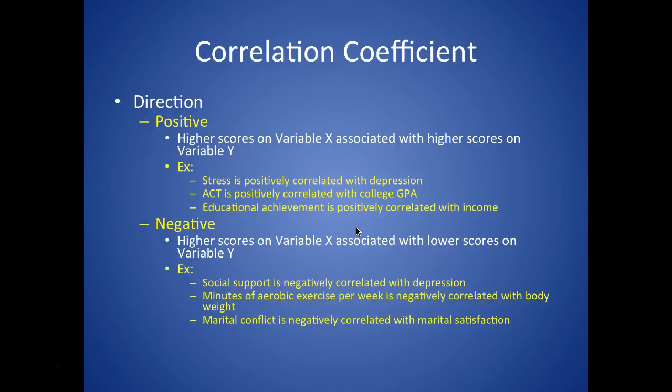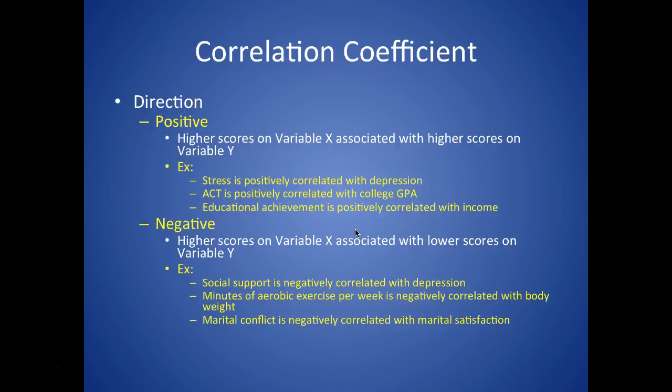So as the stress level goes up, so does depression. A second example would be your ACT score and your grade point average. I've actually measured this and calculated a correlation coefficient, and it is a plus 0.5. Also, educational achievement is positively correlated with income over the lifespan.